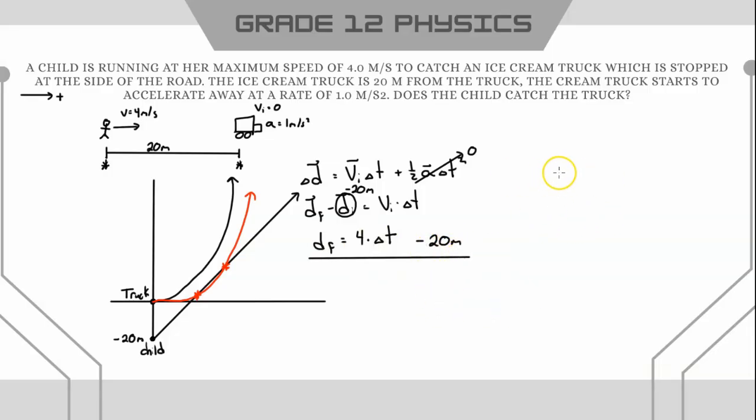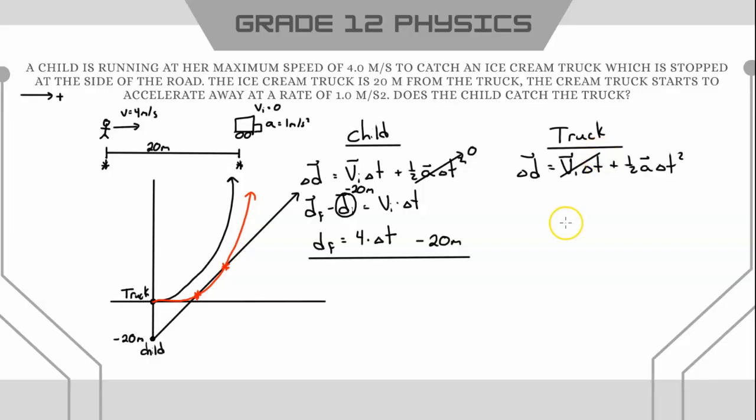Well, what about for the truck? This is for the child. If we did the same thing for the truck, I'll write the same equation. So this is from our kinematics equation, v_i delta t plus a half a delta t squared. And in this one, initial velocity is 0, so this whole term is going to disappear.